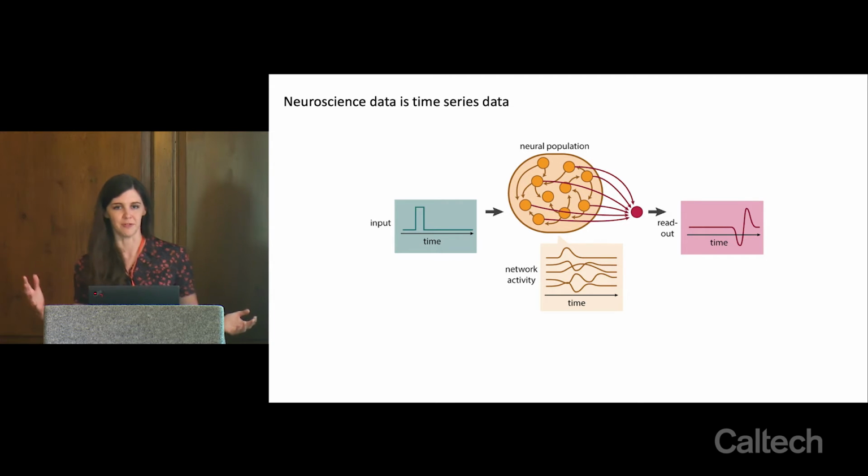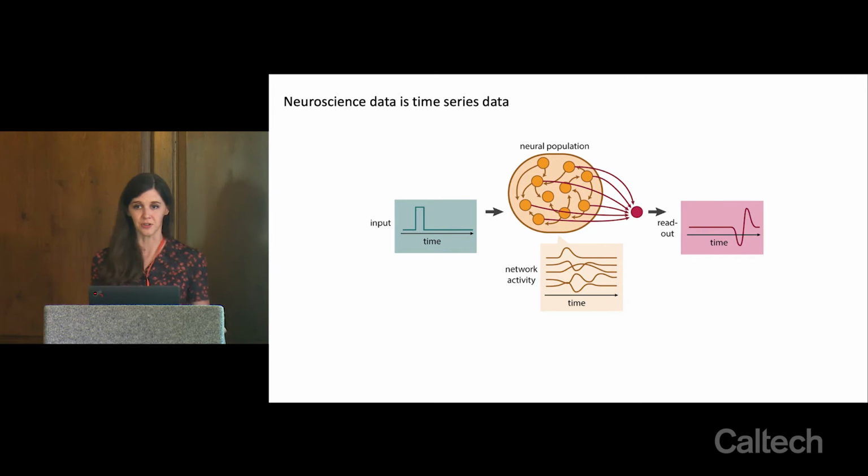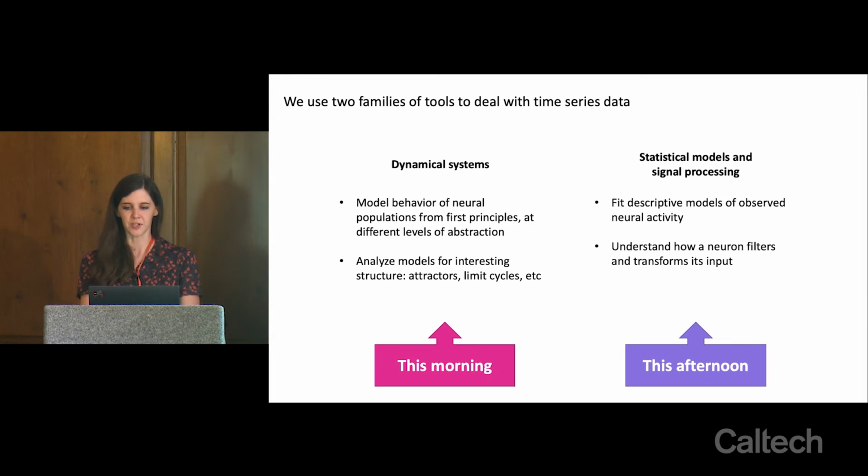They have to integrate information over time, they have to transform signals, and they have to shift signals in time in order to carry out working memory tasks and produce time-evolving motor outputs and any number of temporally structured things. So when you're dealing with time series data in neuroscience, there's kind of two families of tools that you'll encounter.